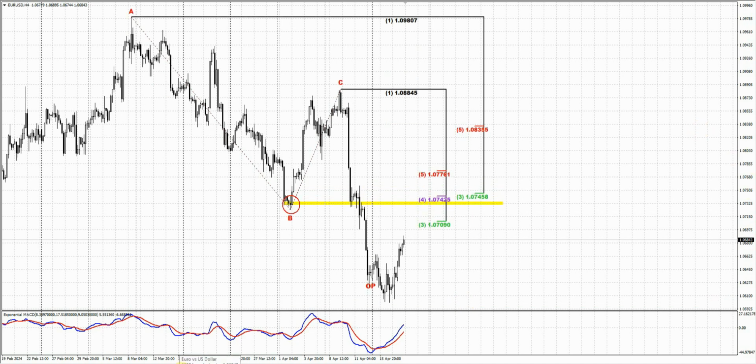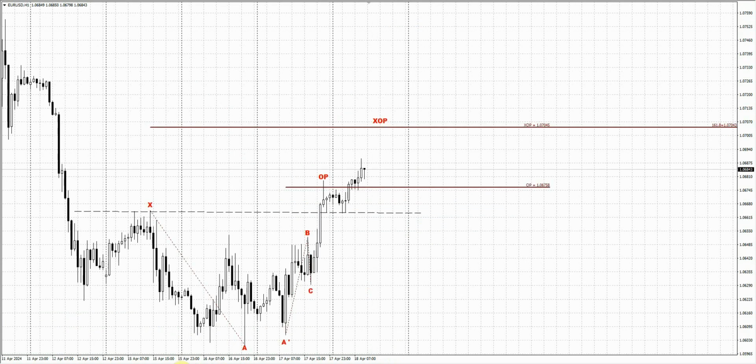On the hourly chart, considering some extensions that we have, they also suggest that the market could reach an area around 107.04. This is the XOP with this ABC bottom pattern. The OP has been reached, minor retracement, and the market is going higher. The XOP is 107.04, and this is the 1.618 extension of this downside retracement. They both stand at the same point.